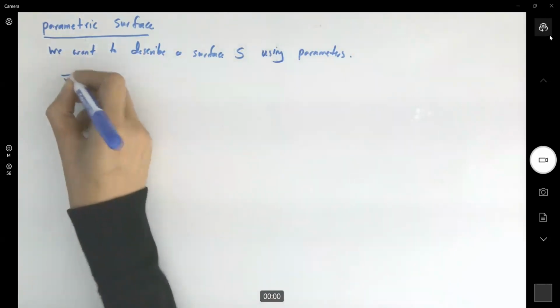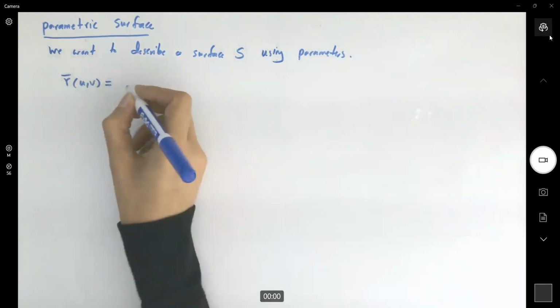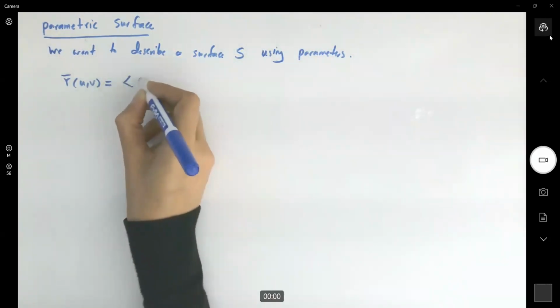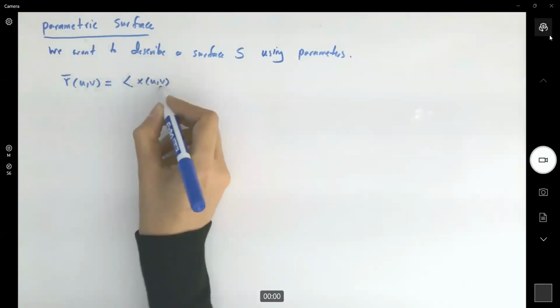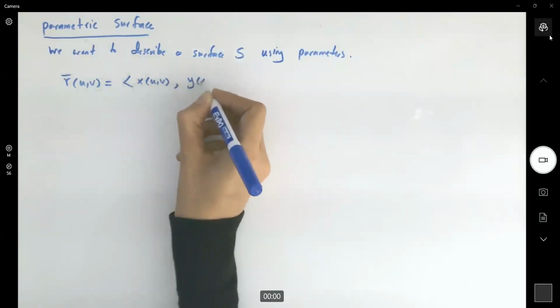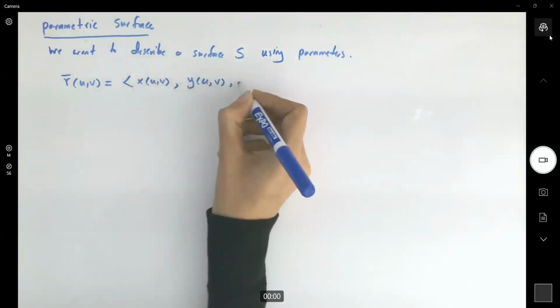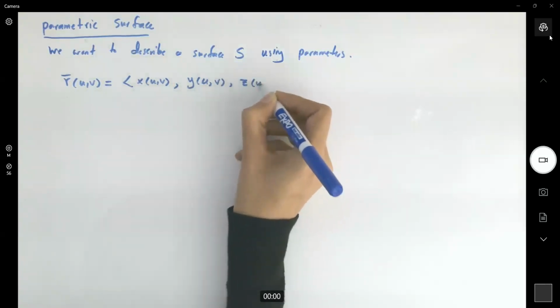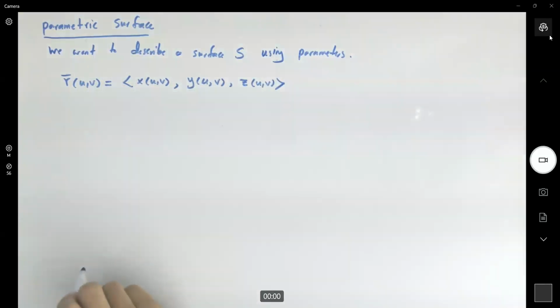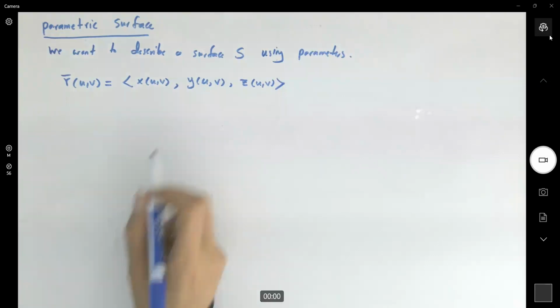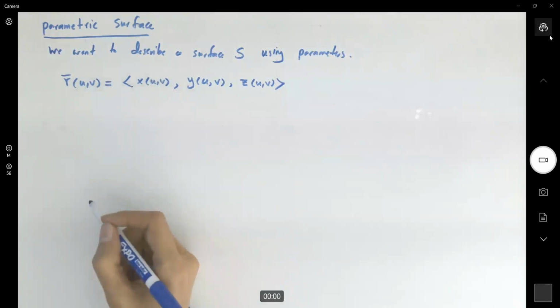So we're going to define R of U and V equals to, here we have X depends on these two new parameters U and V, Y depends on these two new parameters U and V, and the last component Z also depends on these new parameters U and V. We have a parametric surface with parametric equation.